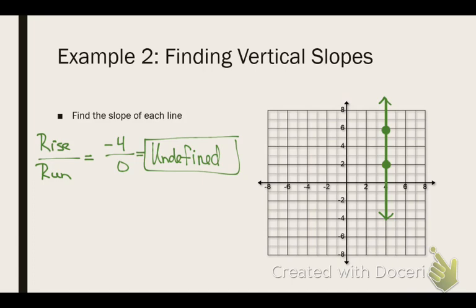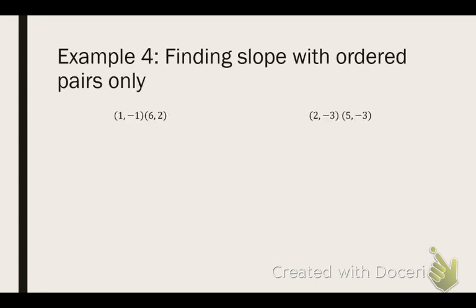The last thing we need to cover today is how do you find slope when all you're given are ordered pairs? And here we go on example 4. Write down these 2 ordered pairs and label them. On your homework tonight, whenever you're given ordered pairs, I want you to label them x1, y1, x2, y2.